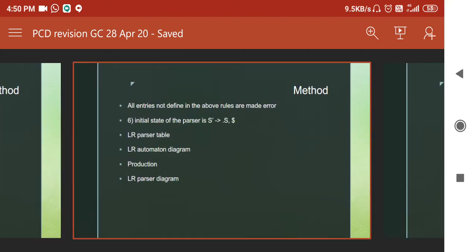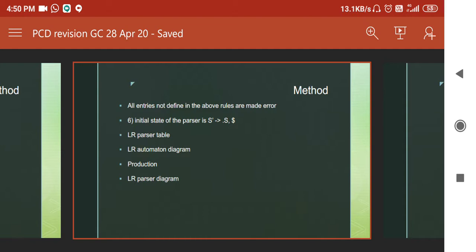So these are some of the important points about LR parsing techniques. Here you people have to keep in mind what is meant by the parsing process, and what is meant by SLR, and what is meant by CLR, and what is meant by items, and what is meant by states.